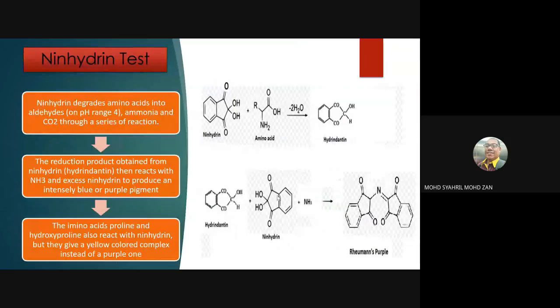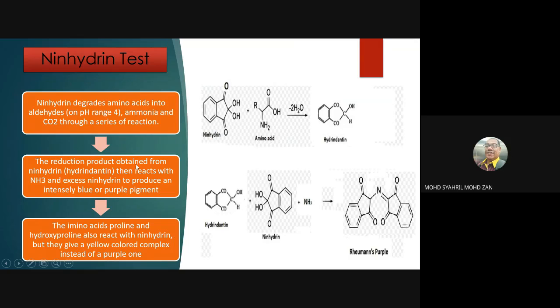So what happens in the ninhydrin test? Why does it give different colors? Ninhydrin degrades amino acid into an aldehyde at a pH of 4, ammonia and carbon dioxide through a series of reactions. We have ninhydrin, and then we have the amino acids. Once the amino acid combines with ninhydrin, we get hydrindantin.